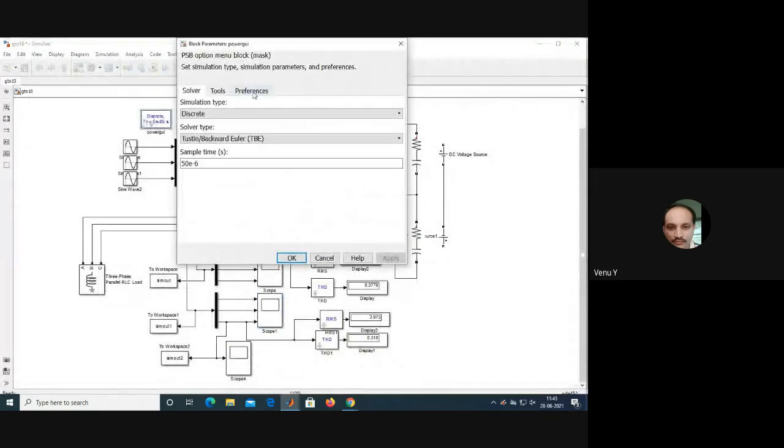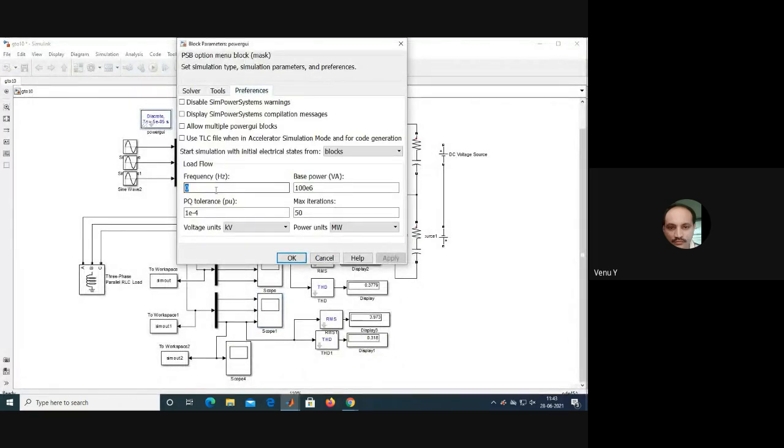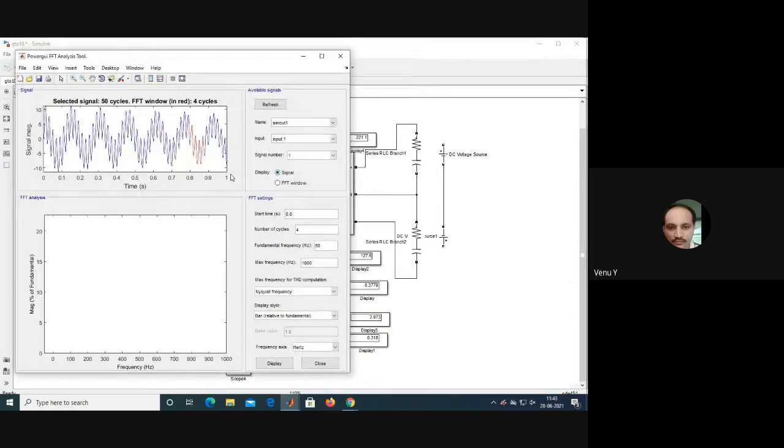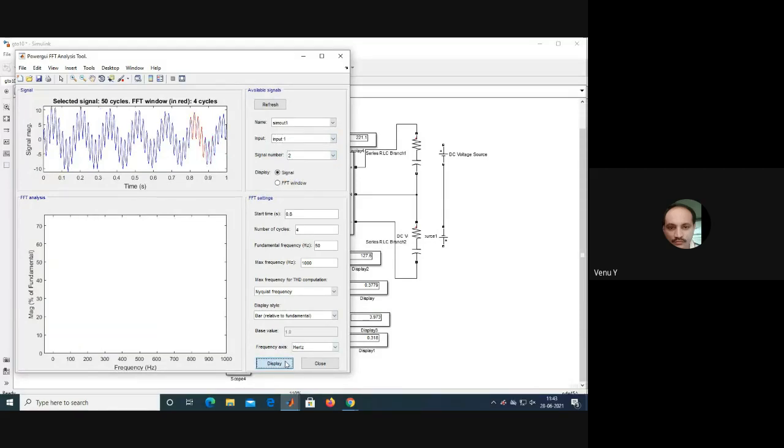Let us look at the harmonic analysis. FFT 50 analysis, 16.778, the current waveform.